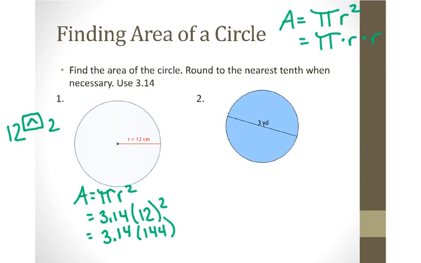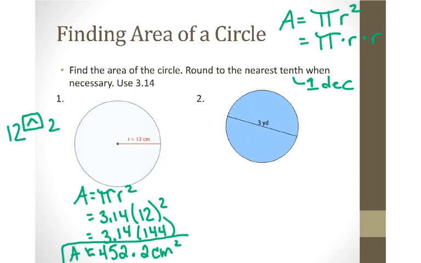Now, if I plug in 3.14 times 144, I'm going to get area to be about, rounding to the nearest tenth, so that's 1 decimal place, about 452.2, and it's centimeters squared. So the area of that circle is 452 and 2 tenths centimeters squared.